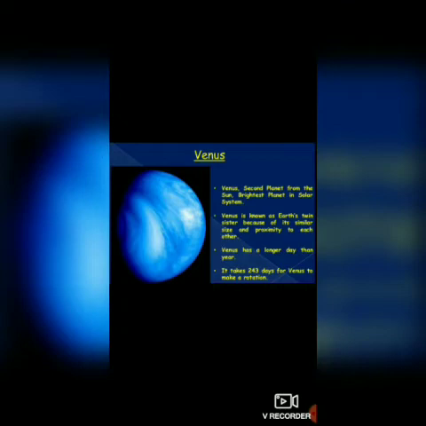It has a similar size and proximity like Earth, hence it is called Earth's twin sister. And Venus has a longer day than year, and for a rotation it takes 243 days.